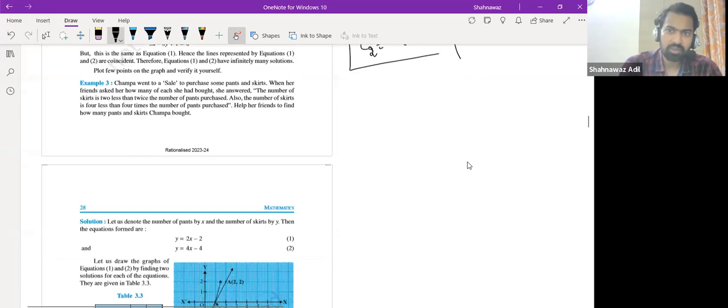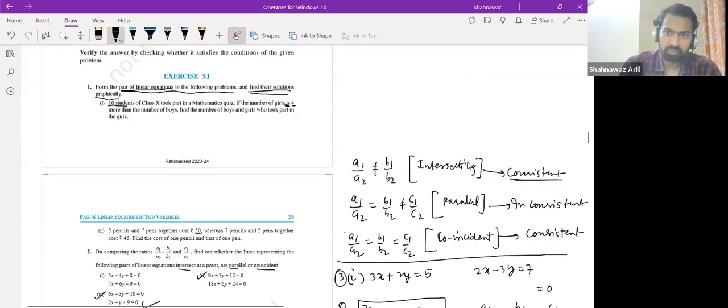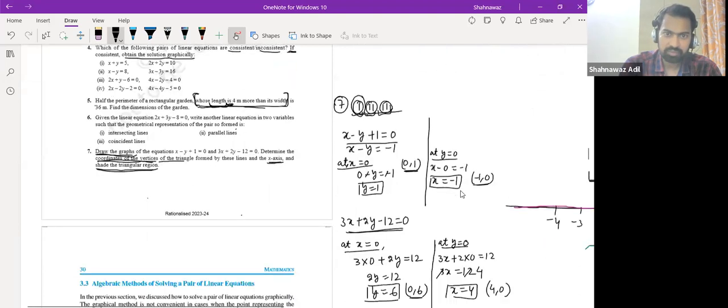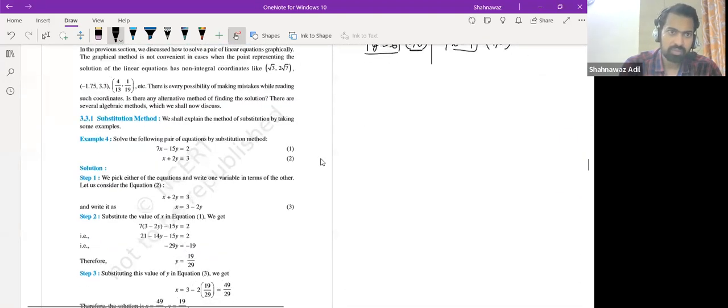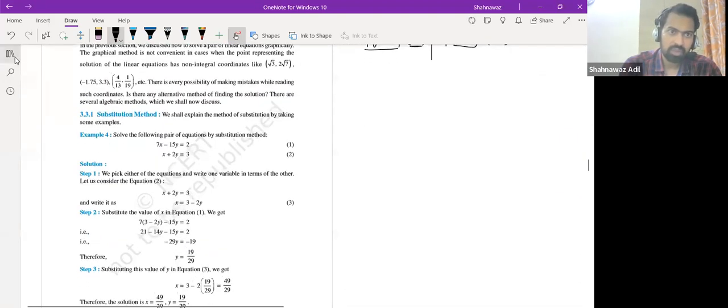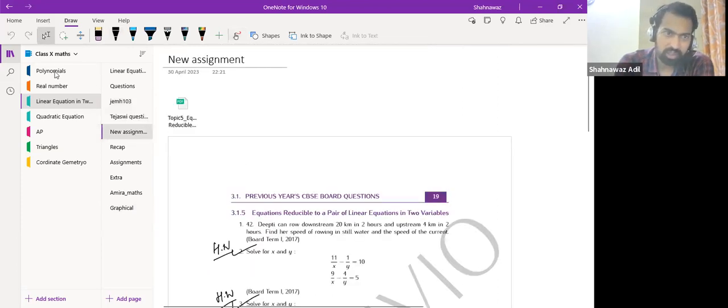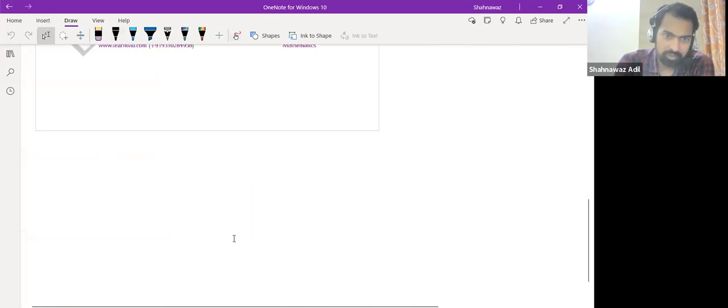There is one question which I have a doubt. It was the 10th question in the homework, which was x by 2 plus 2y by 3 equal to 11. The 10th problem.